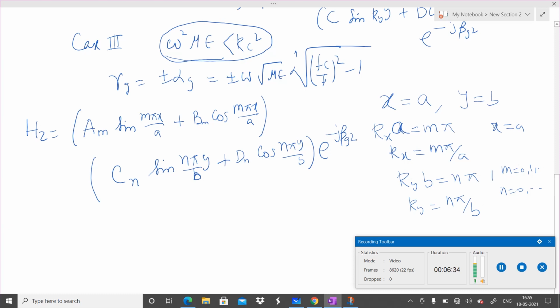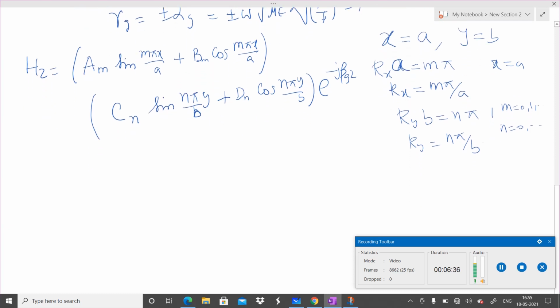We are considering the third case where the attenuation is there in the direction of propagation. Okay, so this is the wave equation.